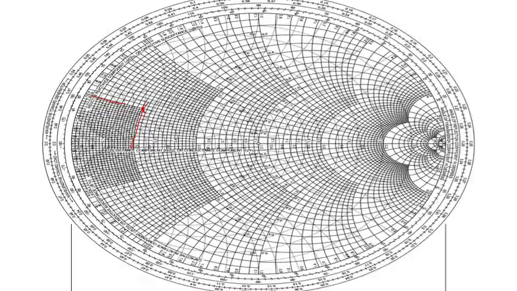I'm assuming you all have heard my earlier lecture on plotting unity gain circles. So this blue one is my unity gain circle, on the right hand side. We are not on the unity gain circle side. We are actually on the dotted circle side.